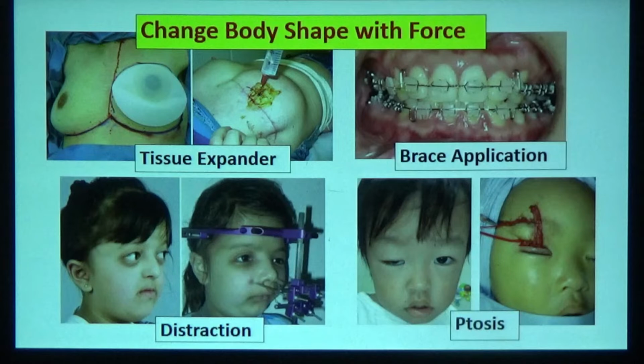With distraction, we put force on the upper jaw. Naturally, force works to change the facial contour. With eyelid ptosis, we suspend the eyelid with the fascia. So, all these treatments correct the patient's body by applying external force.